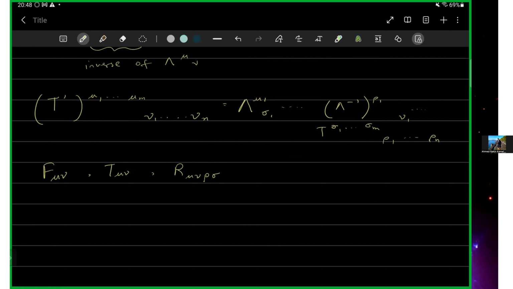So using tensors, if a physical law is written in one space-time in the form of, let's say, tensors, that should be true in all reference frames. Meaning, if you have a tensor that is defined in one type of situation, even if that situation is Lorentz transformed, it will still hold in that different reference frame.